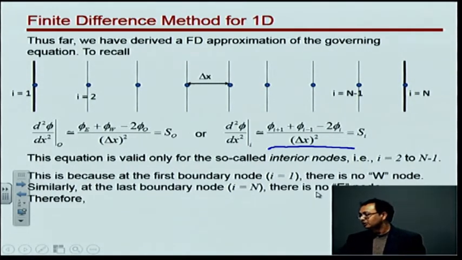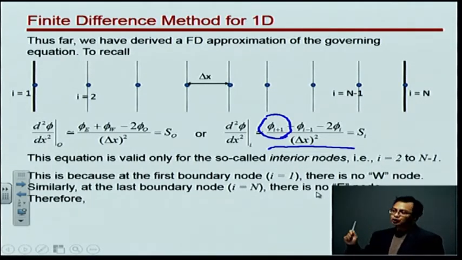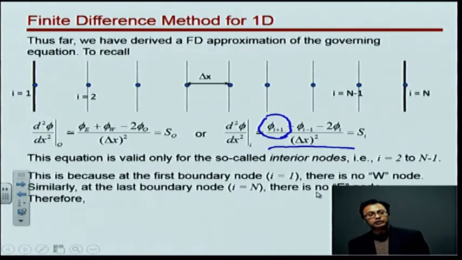Similarly, when you go to the right end and you plug in n for this first term, you get a phi n plus 1, and there is no n plus 1th node to speak of. So at the boundaries, because you don't have nodes on both the front and back side for both boundaries, you get into an issue where you cannot use this expression anymore. So we have to do something special at the boundaries.